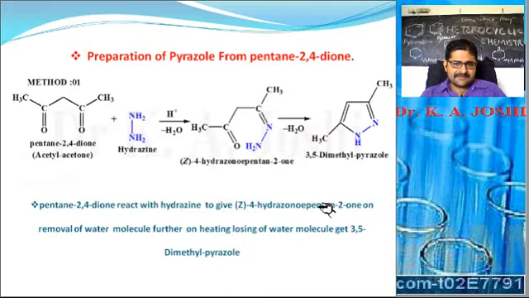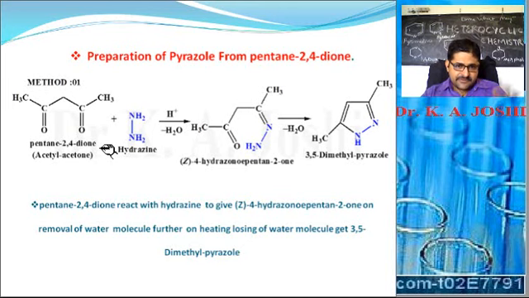So the first preparation, friends: we prepare pyrazole from pentane-2,4-dione. The starting material is acetylacetone. Pentane-2,4-dione is the IUPAC name and acetylacetone is the specific name.